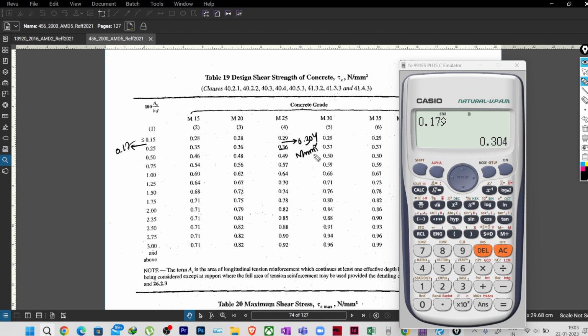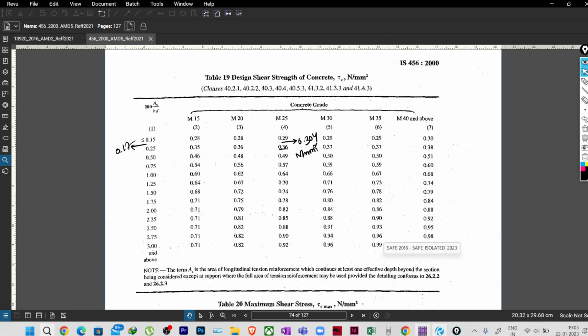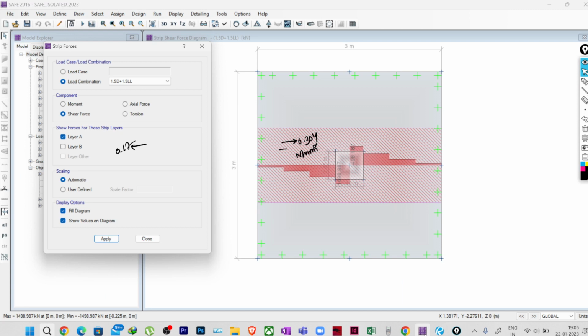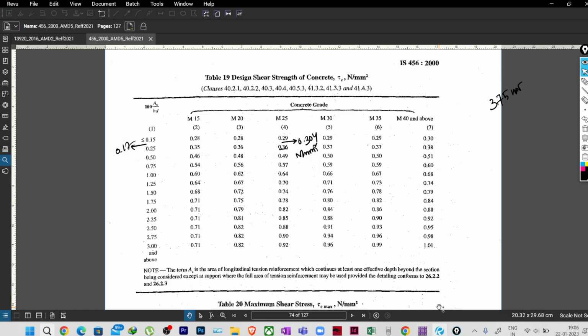Okay, 0.304 Newton per mm square. Fine. So the value that we have got is 375. So here what we have found out is the design shear strength.